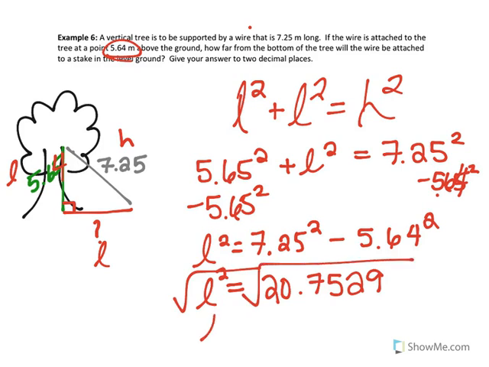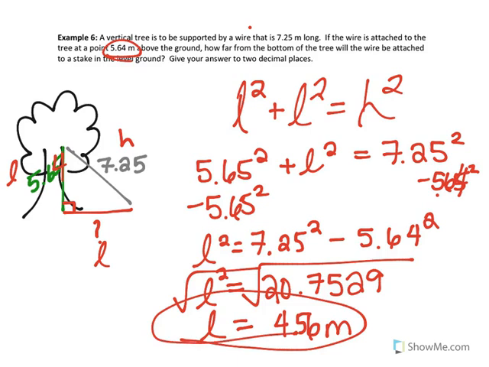Square root that answer. And the length from the bottom of the tree to where the wire that you're attaching for some reason to a tree is 4.56 meters. And that's the Pythagorean theorem, and you will use it forevermore, except possibly in real life.